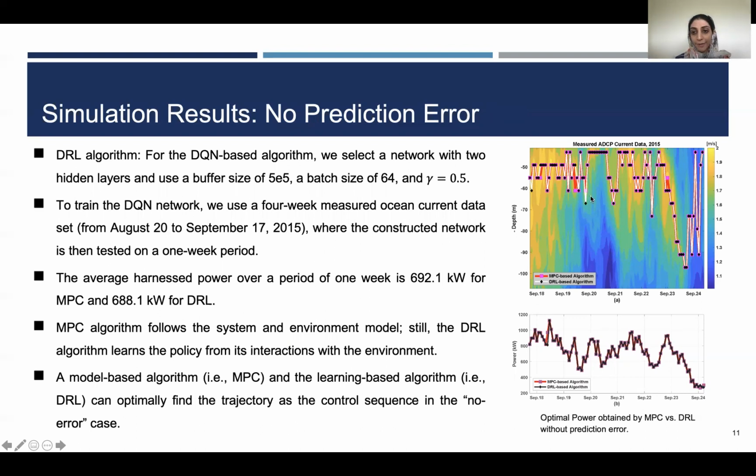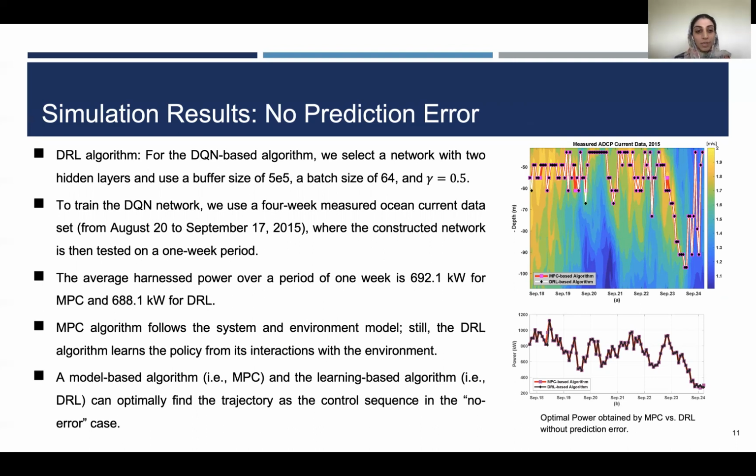As we can see in the figure, these algorithms are very similar in finding the optimal depths, and there are only a few changes in the optimal depths. The average harnessed power from the MPC is equal to 692 and it's equal to 688 for the deep reinforcement algorithm, which is almost the same.